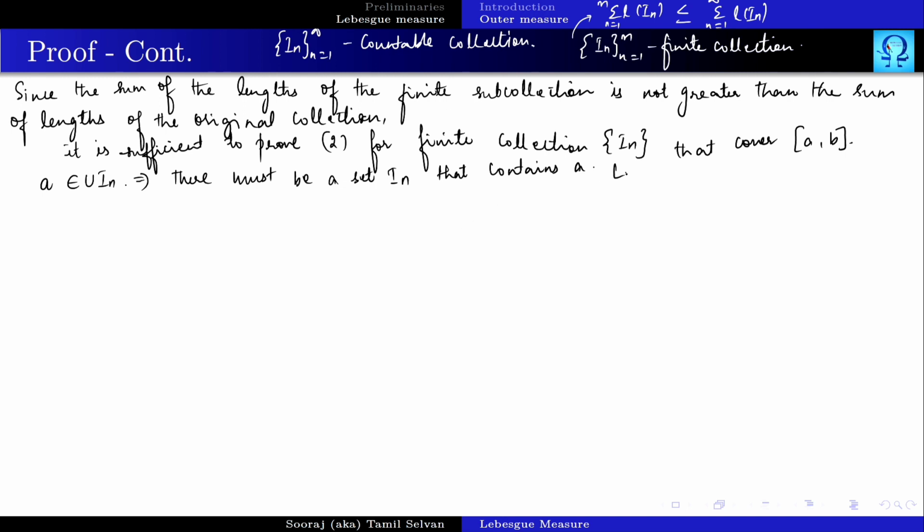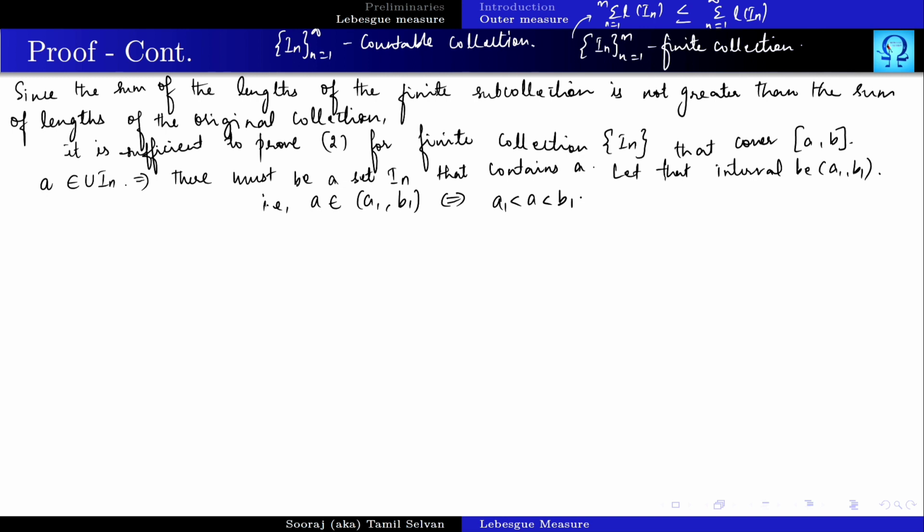Let that open interval be (a1, b1). That is, a is contained in (a1, b1), or in other words, a1 is smaller than a, which is smaller than b1.